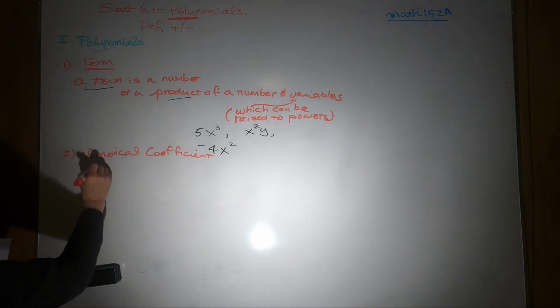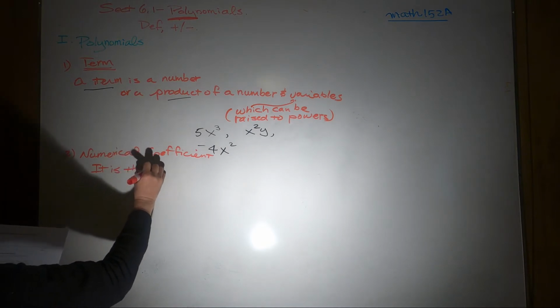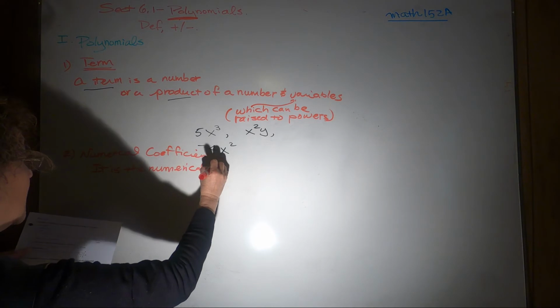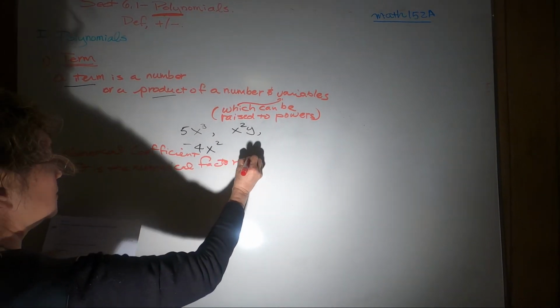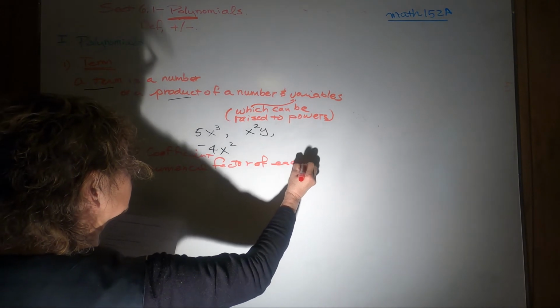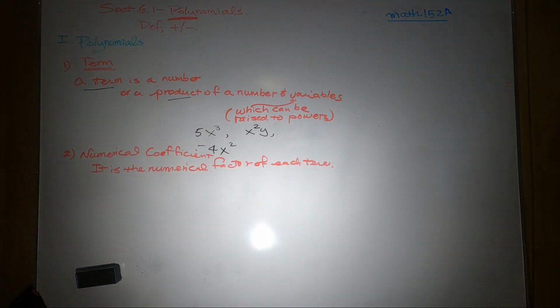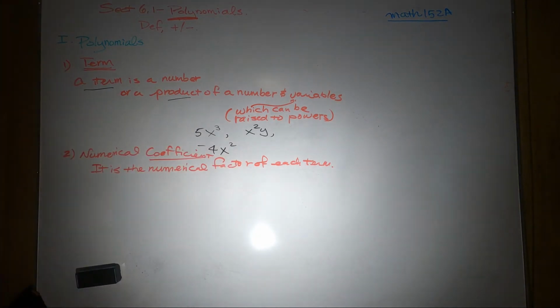So for the number part of it, we say it is the numerical factor of each term. Numerical part of it, we call it what? Numerical coefficient. Or we can just call it coefficient.